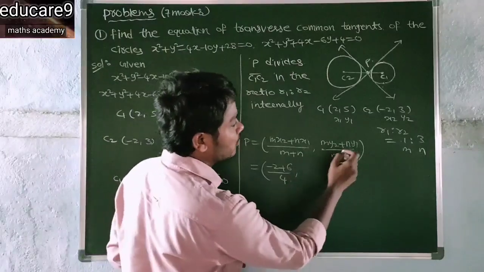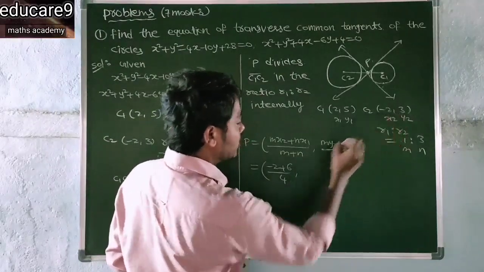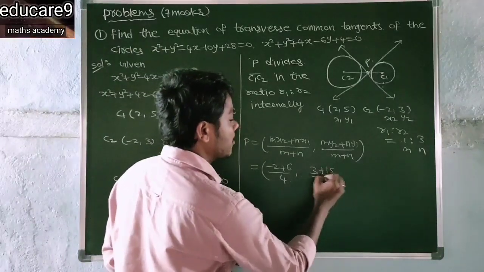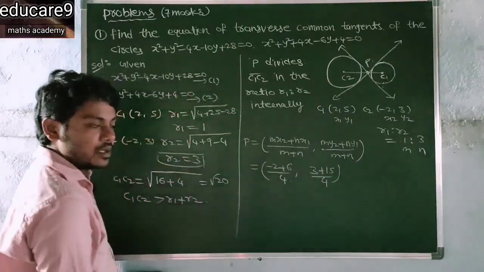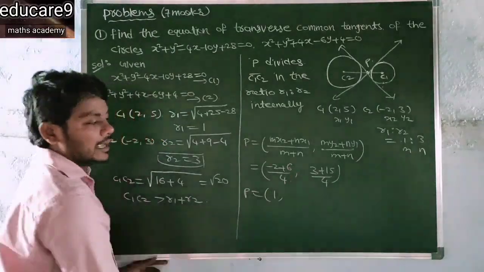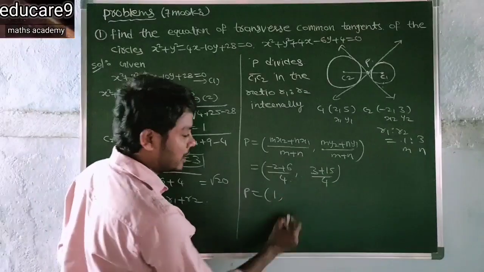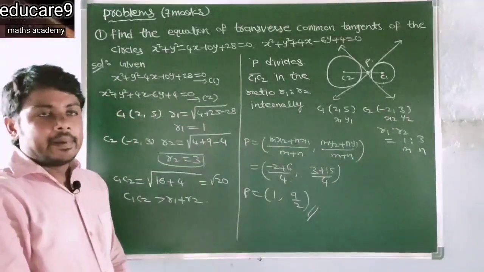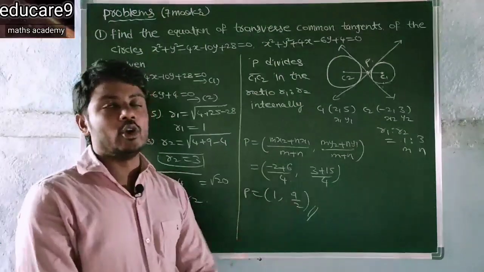Next my2, that is 1 into 3 plus ny1, plus 15, by 4. So clearly P is what? 4 by 4 is 1 and 18 by 4, that is 9 by 2. So this is the internal center of similitude.